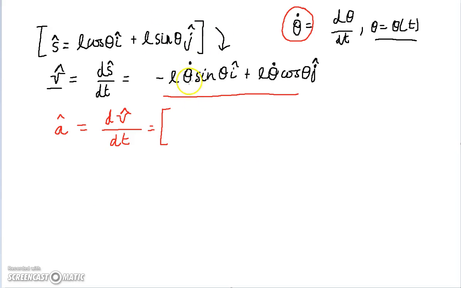I'm not going to spend too long on this. I'm just going to write out what the acceleration vector is. All I'm doing is applying the product rule and the chain rule. For the x component, that's negative L theta double dot. Theta double dot is just another way of writing the second derivative of theta with respect to time.